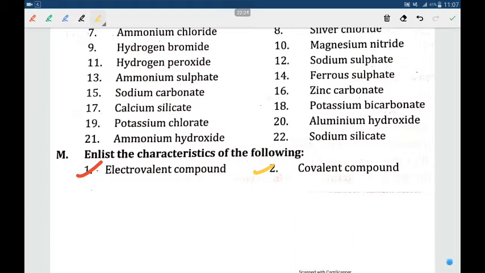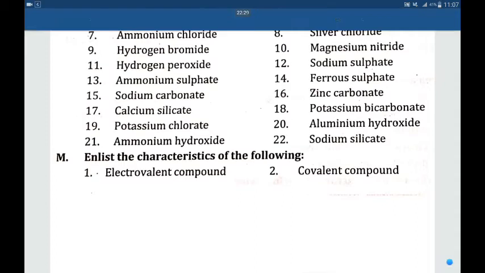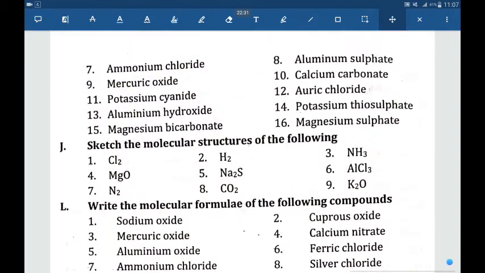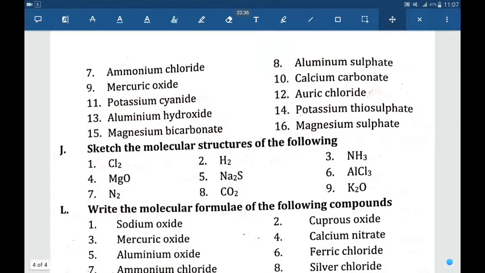They do not contain metal in their molecule. Friends, now what to discuss here? I have left number J. Right? What is the question? Sketch the molecular structures.